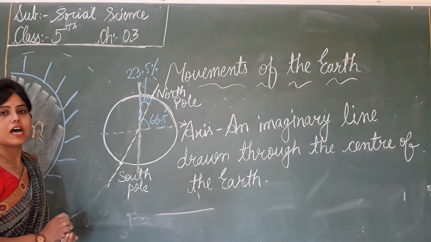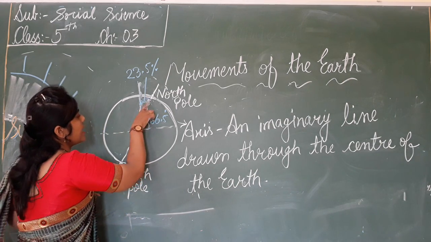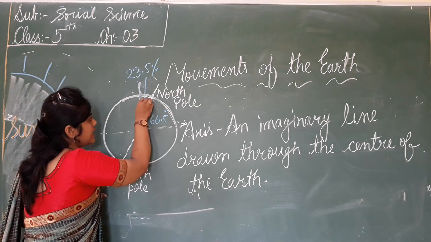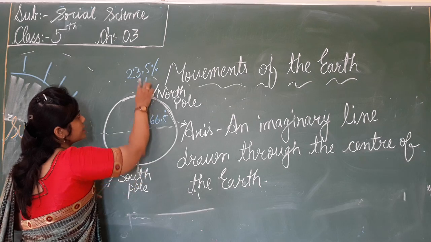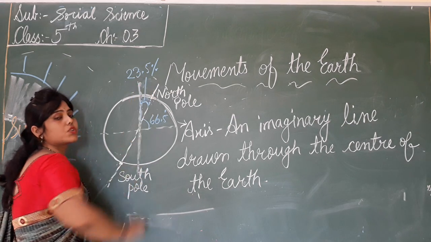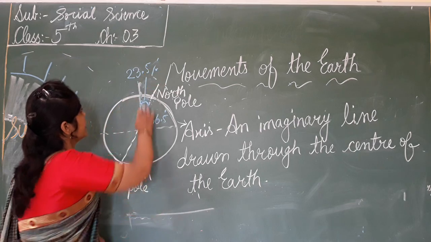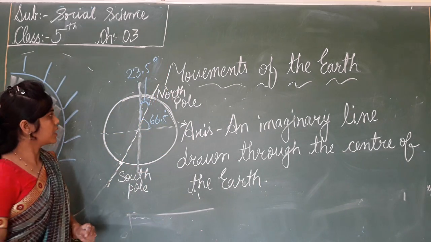So our earth is not just standing, it is slightly tilted at the poles. It is tilted at a 23 and a half degree angle. Clear?